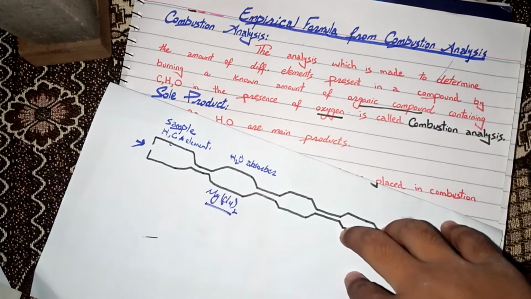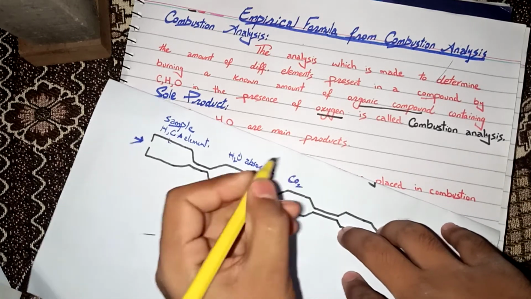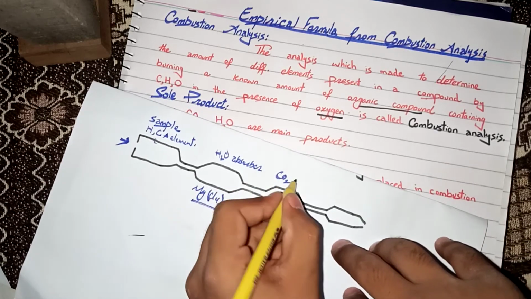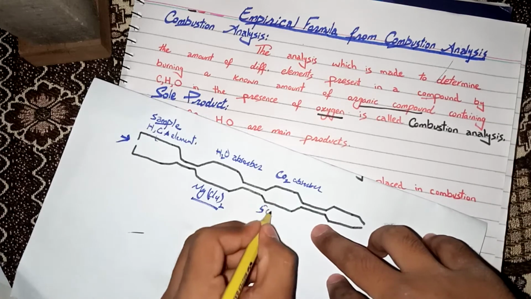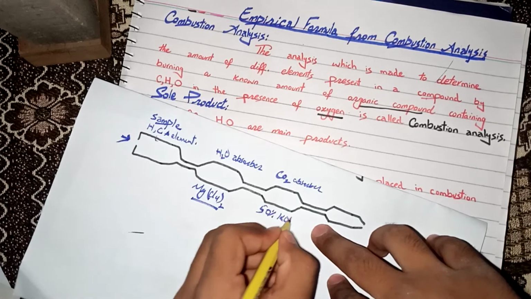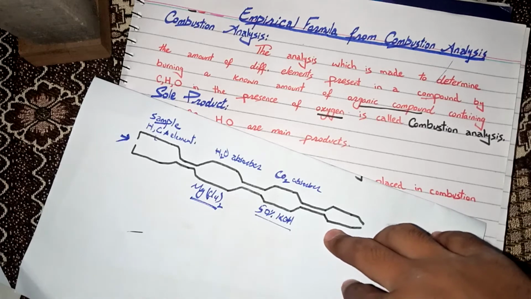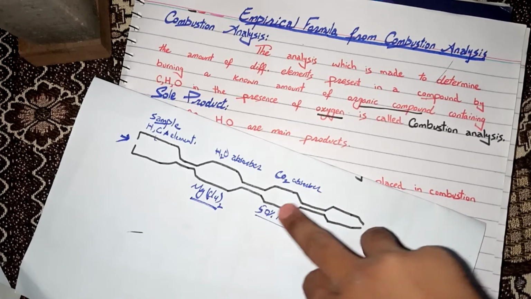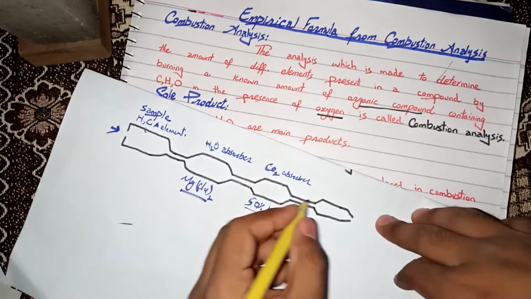After absorbing the water, the next chamber contains a carbon dioxide absorber, for which we take 50% KOH. With the help of KOH, the carbon dioxide is absorbed in this chamber.